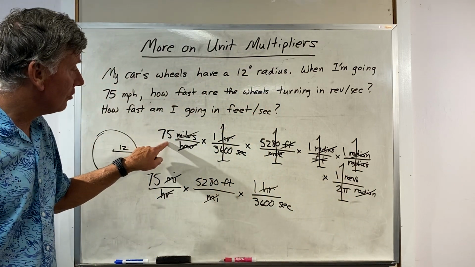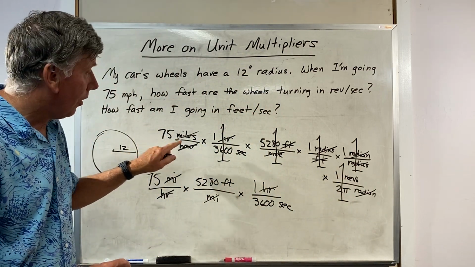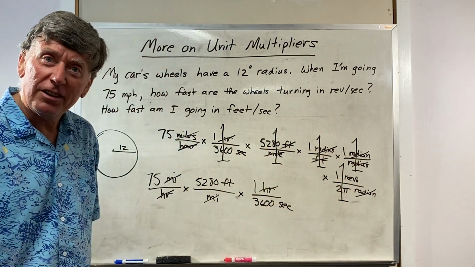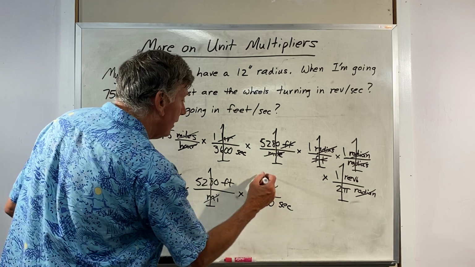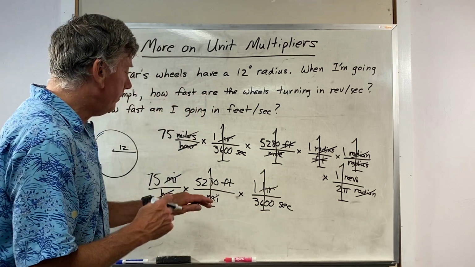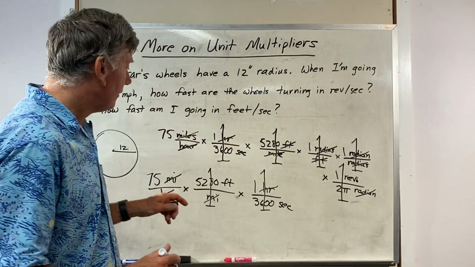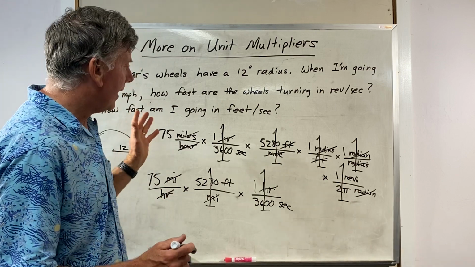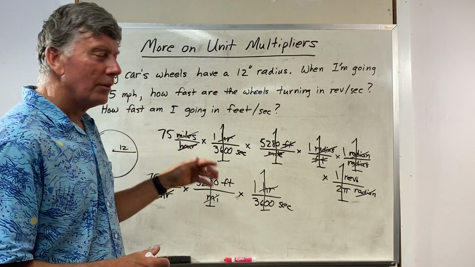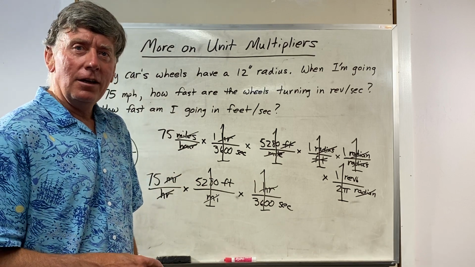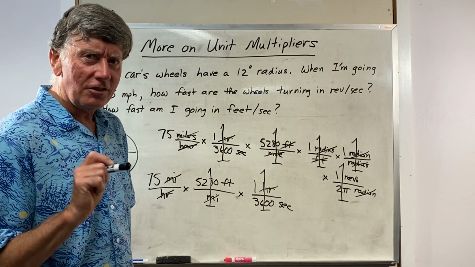I haven't changed 75. All I'm doing is multiplying by all these 1s. Same thing here. This is a 1, this is a 1. These are unit multipliers. And it's just so neat how the units cancel out and we get our answer very easily. You can use these so much, and I hope you do.